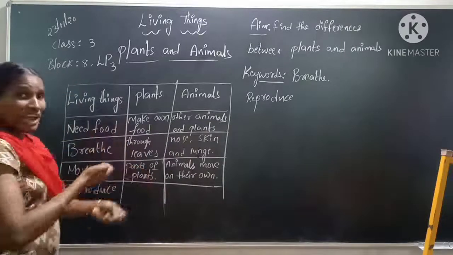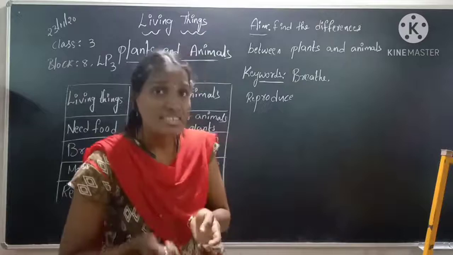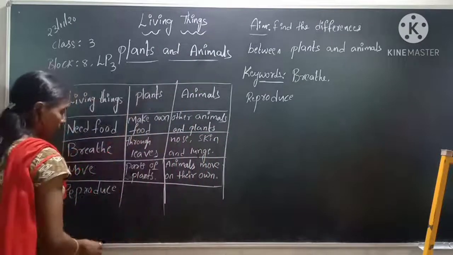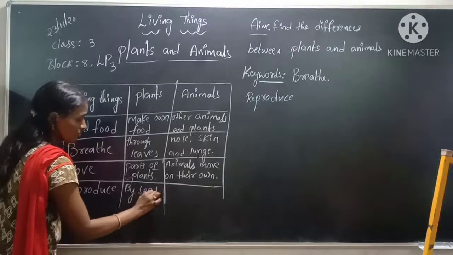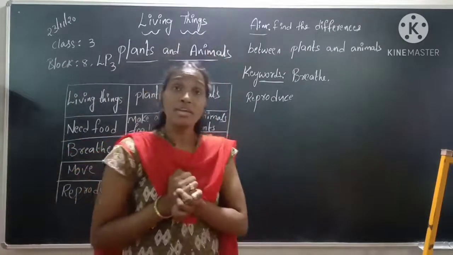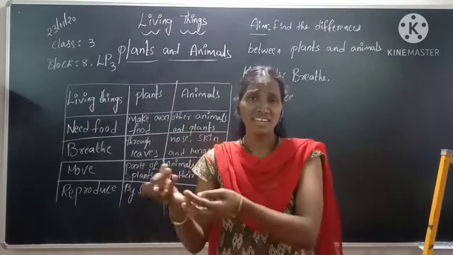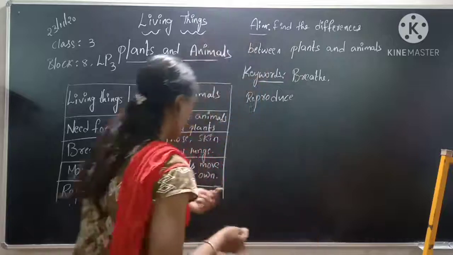Yes. How can plants reproduce, children? Plants can reproduce by seeds. How can animals reproduce? Animals can reproduce in different ways. They give birth to young ones and they can lay eggs.